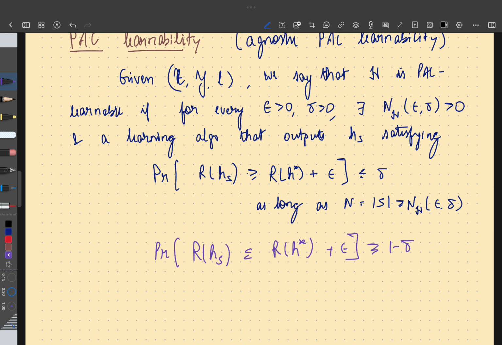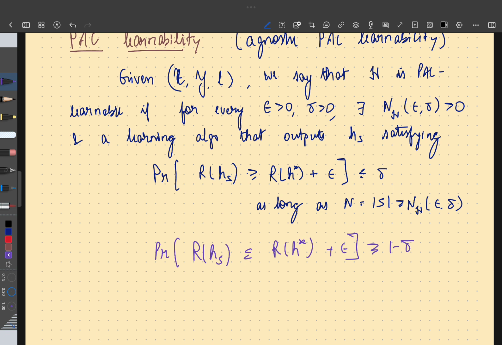So this is what we want to target. For every epsilon and delta greater than 0, there should be some n_H of epsilon comma delta, which is finite, such that given these many samples, you can achieve epsilon delta error.